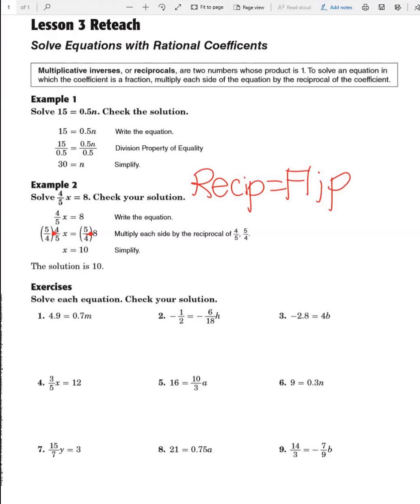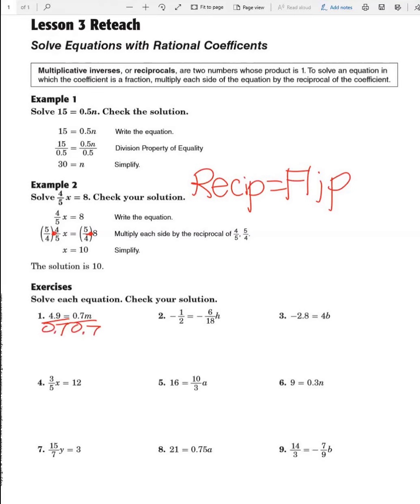Let's take a look at number 1. 4.9 equals 0.7m. In this equation, it is showing multiplication. The opposite of multiplication is division. We're going to divide both sides by 0.7.